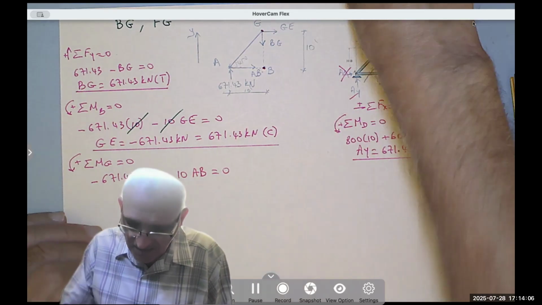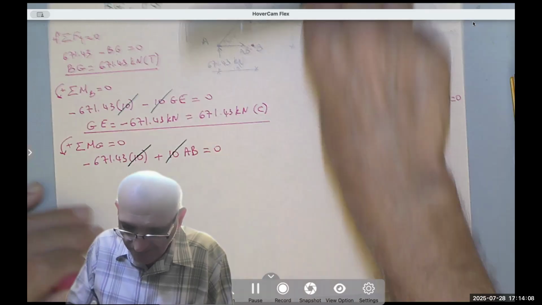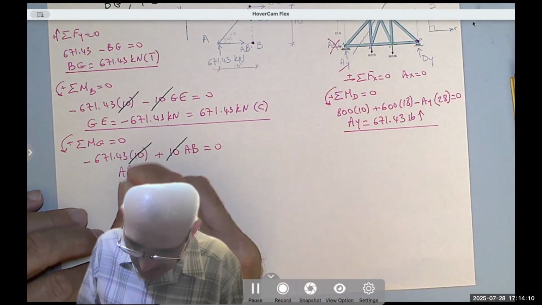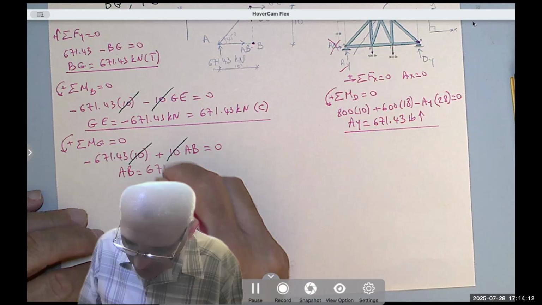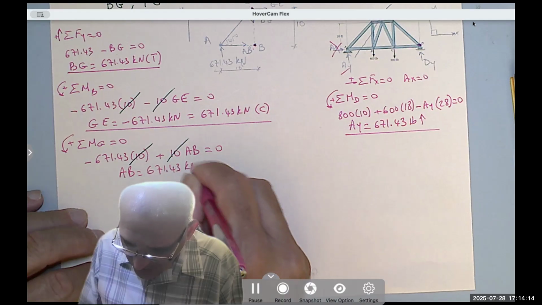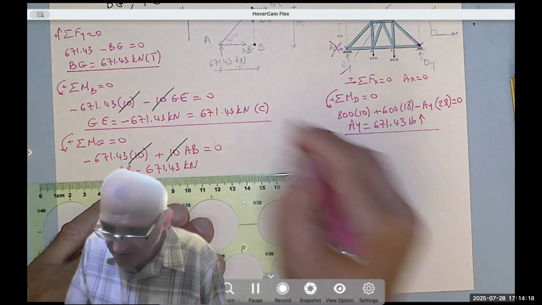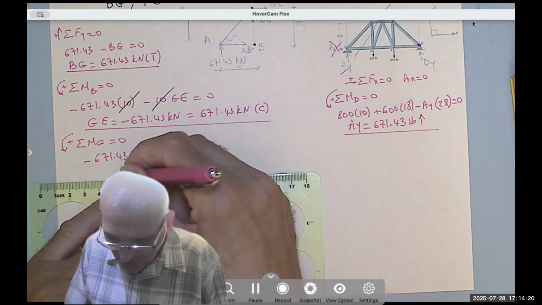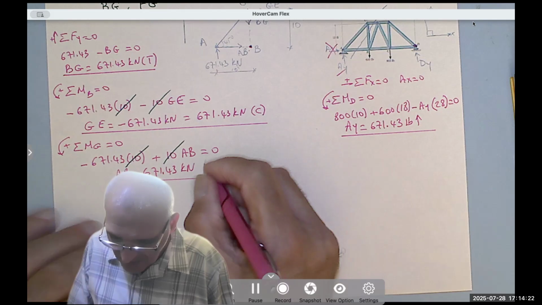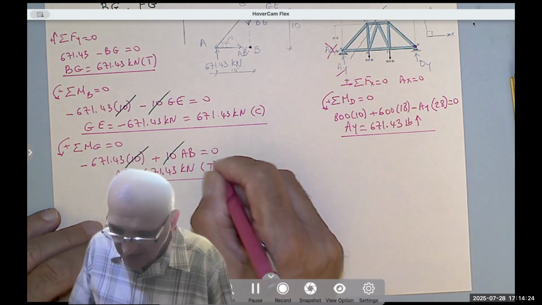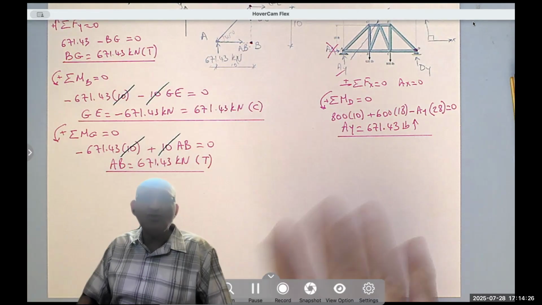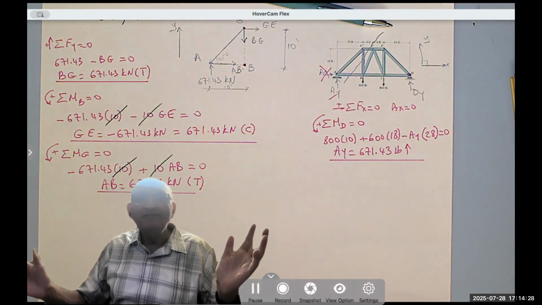Again, simplifying by 10, you get AB equals 671.43 kilonewton, positive meaning tension, because we assumed it's tension. We assumed it's going out of the joint, and it is going out of the joint, and that's basically it.